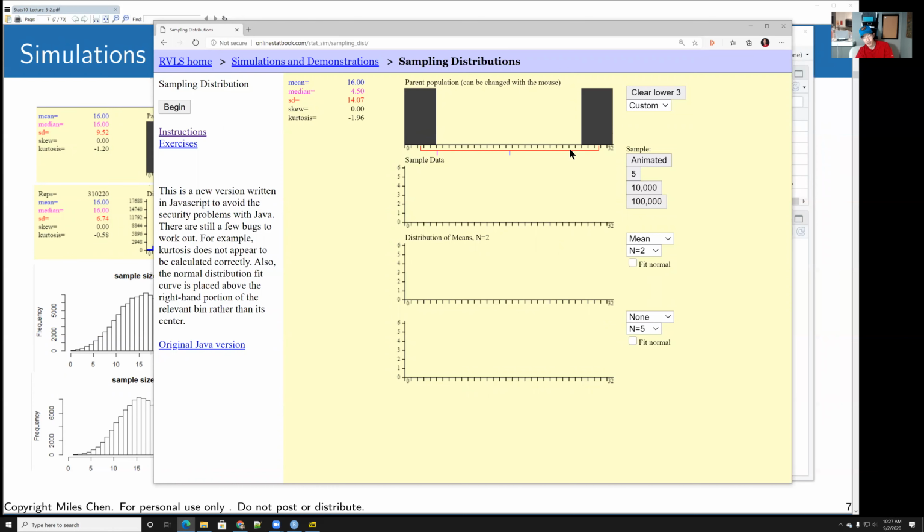And then you'll never get values in this middle region, right? So what happens here? Here I can do samples of size 2, okay? And so you can see sometimes both values come from the top side, or both values come from the bottom, or maybe we get one from the top and one from the bottom side, okay? And I can keep animating this.